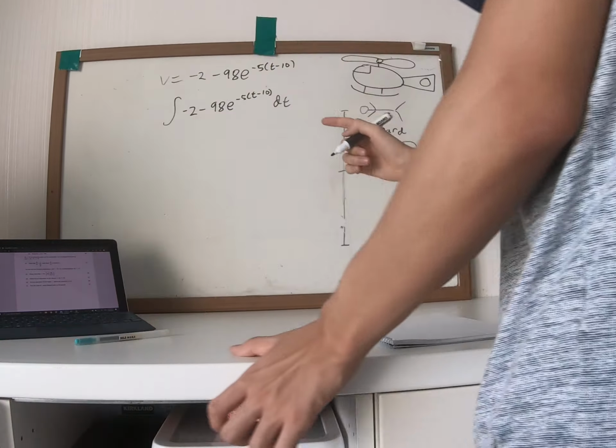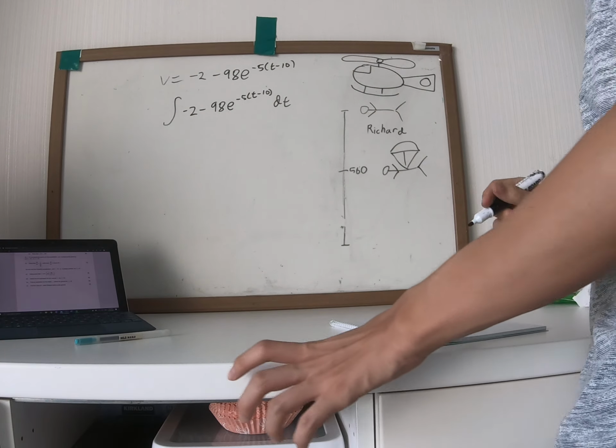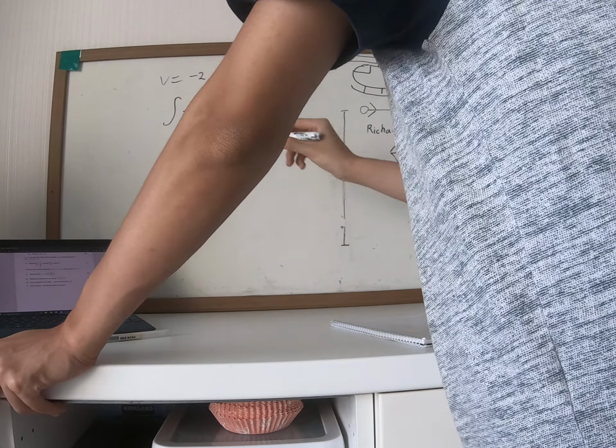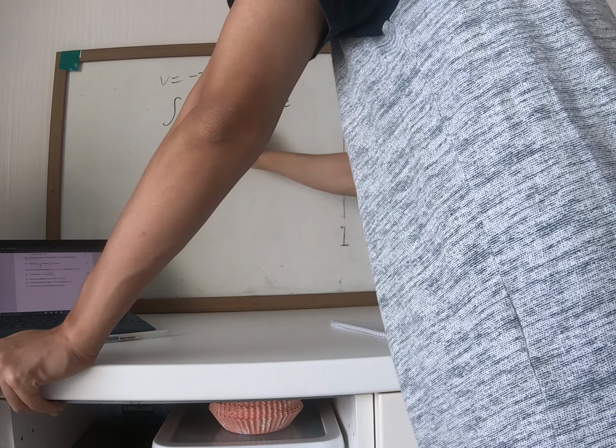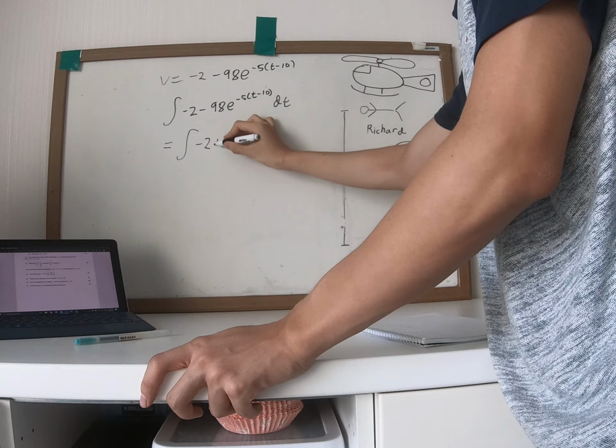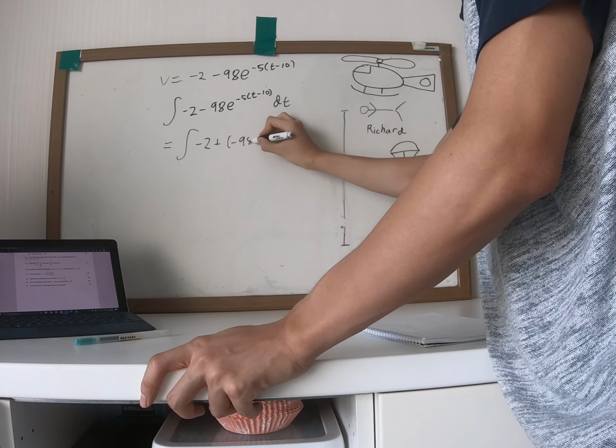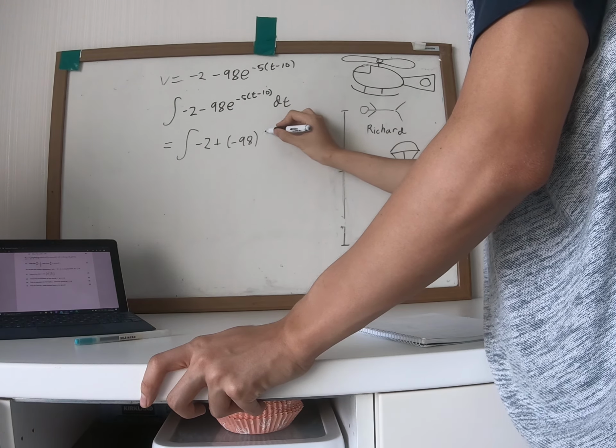We just have to integrate that in terms of t, which is written as such. This is also fairly simple integration, but to understand a bit easier, I'll just show you how I like to do it.